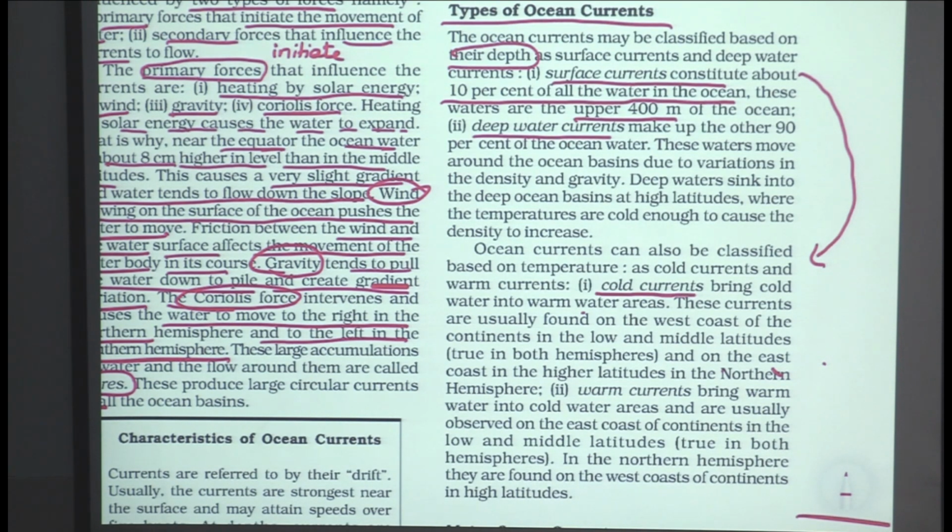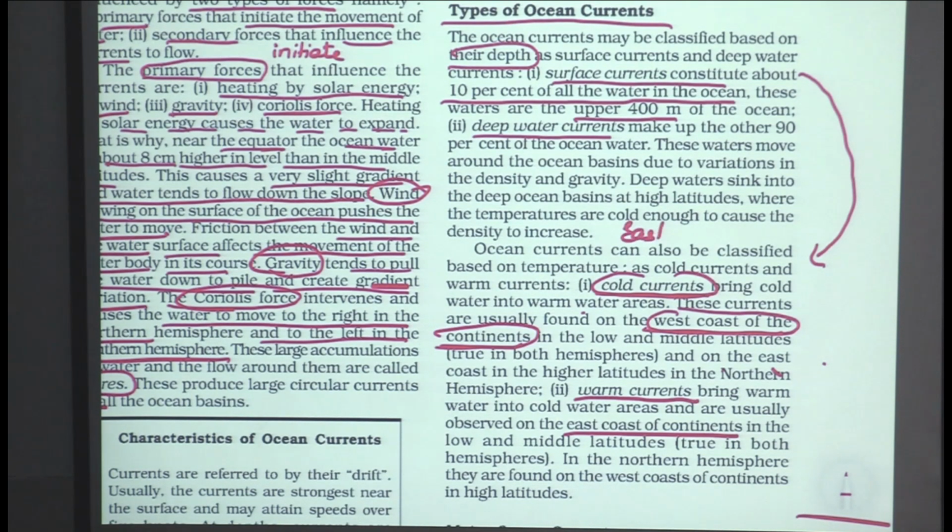Cold currents, warm currents, NCERT says continent. So cold currents, if they are in the west coast of continents, they will be on which coast of the ocean?